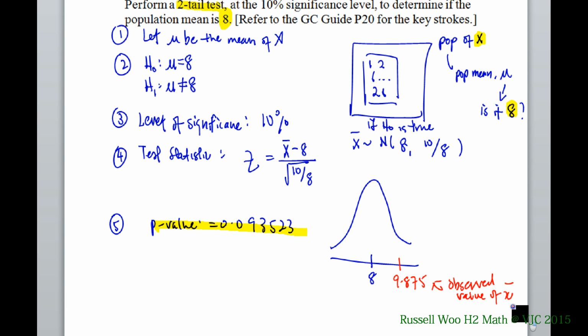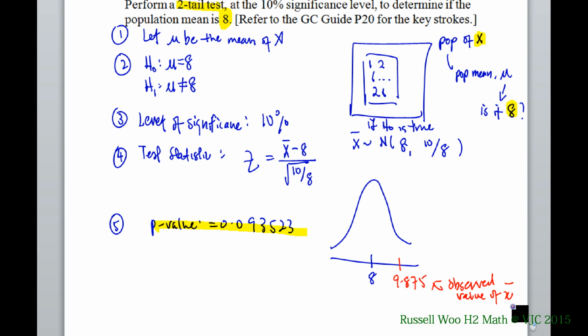One more time. The further the observed value is away from 8, the more evidence you have against it. And because it's a two-tailed test, it can be this way, it can be that way. Follow what I'm saying? So now, what is this p-value?